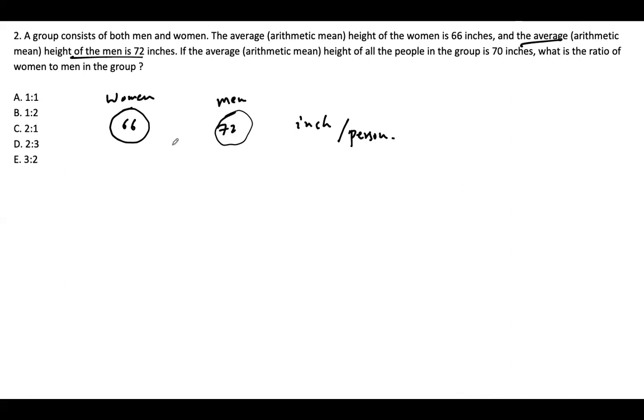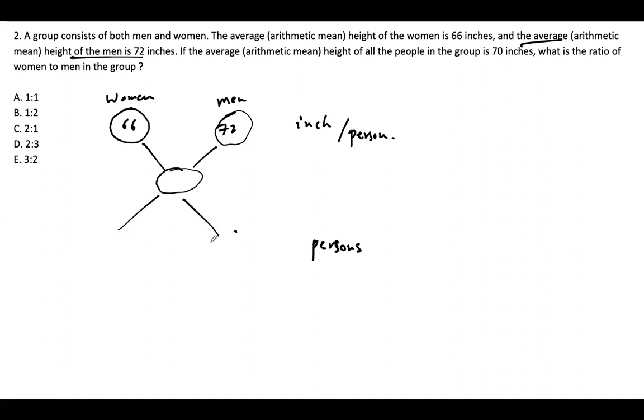Let me write: women average height 66, inches per person. And the average height of men is 72. Number of samples will be in persons, right? Yes. Inches per person, so persons.